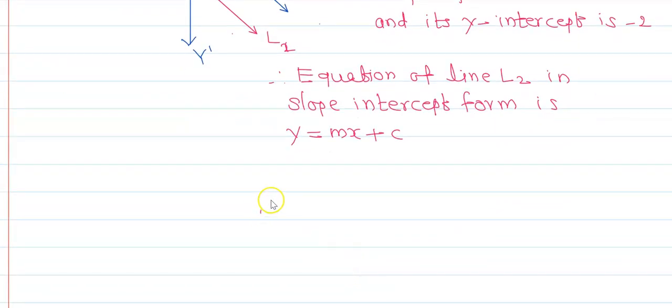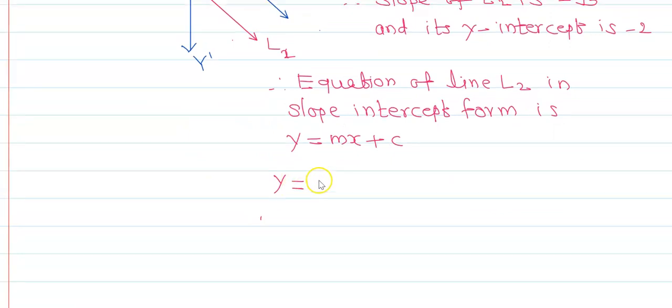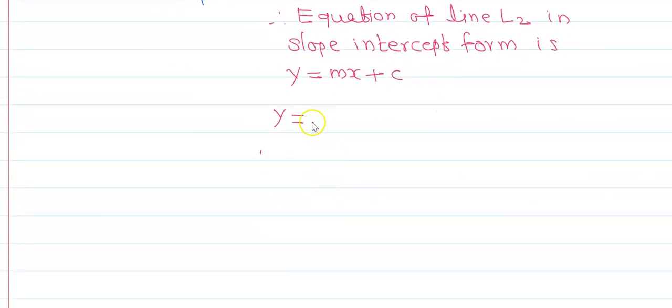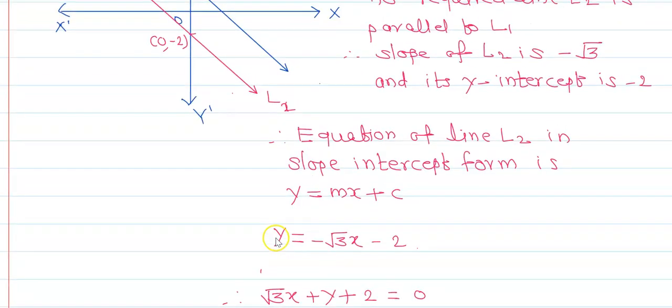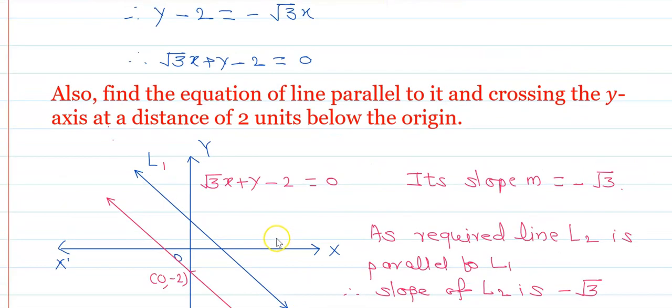Substitute the values. Here you will get y is equal to minus root 3x minus 2. Again, it can be written as root 3x plus y plus 2 is equal to 0. Okay, these are the two answers.